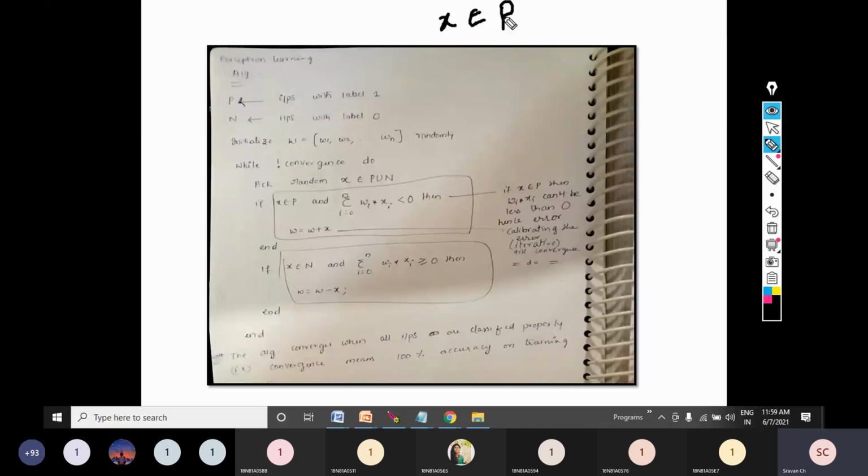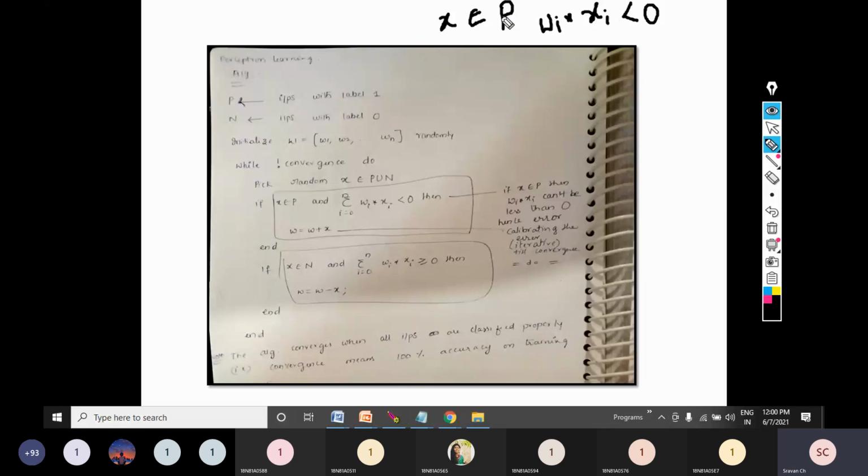But for a positive example, when I have calculated the product of Wi into xi, the result which I got is less than 0. It should not be less than 0, right? Because if I look into the data set, it says it's a positive example. It means there is a need for correction. There is an error here.